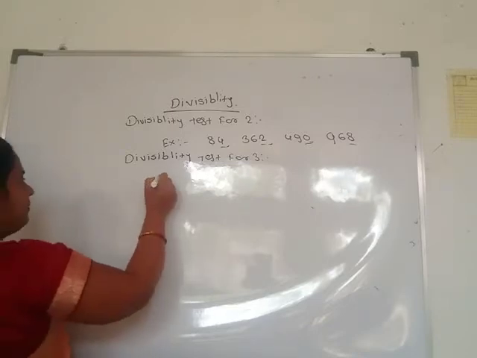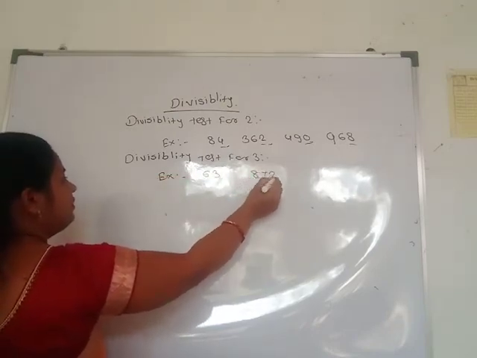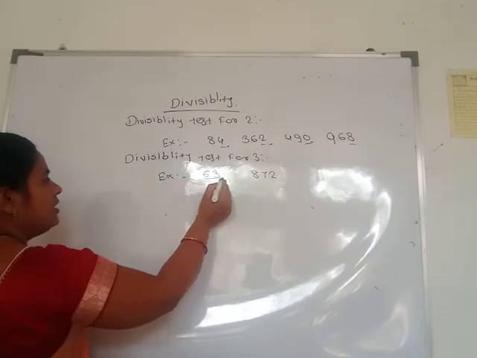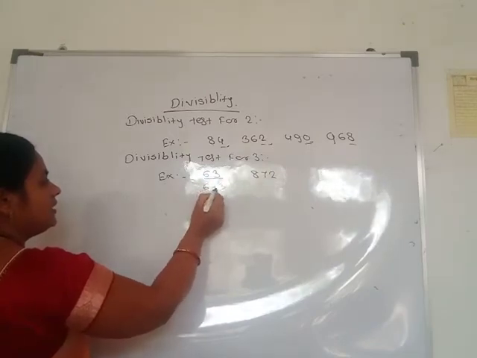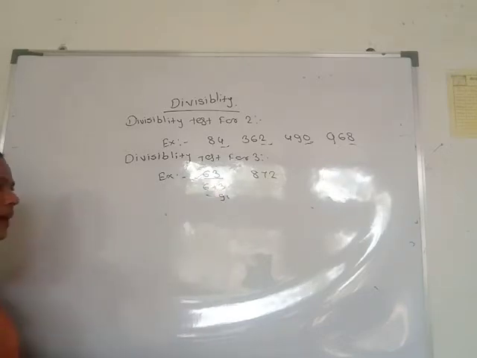See the example: 63. The sum of the digits is 6 plus 3, 9. This 9 is divisible by 3, therefore this number is divisible by 3.